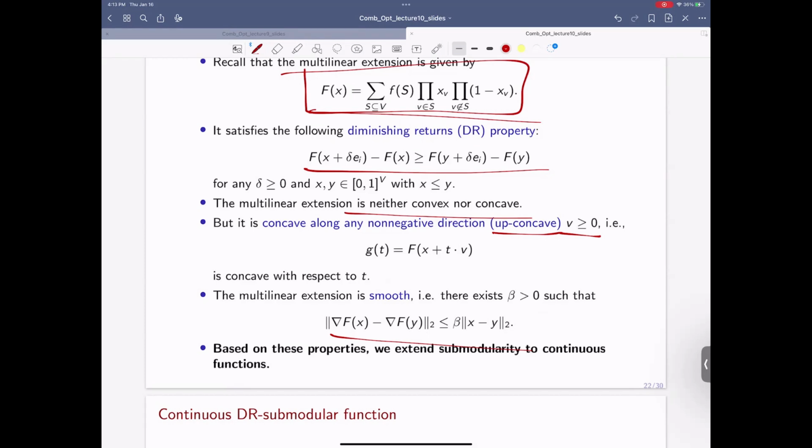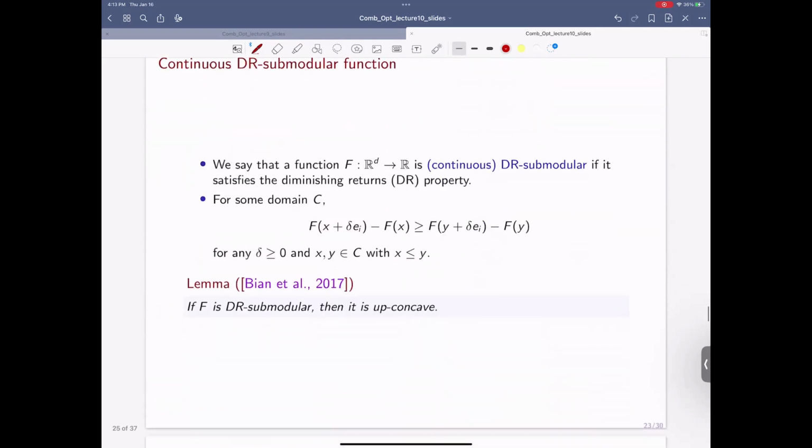So we have these properties: the diminishing returns property, some kind of concavity property, and also the smoothness. For any class of functions that satisfy these three properties, we can design an algorithm. That's what I'm going to explain.